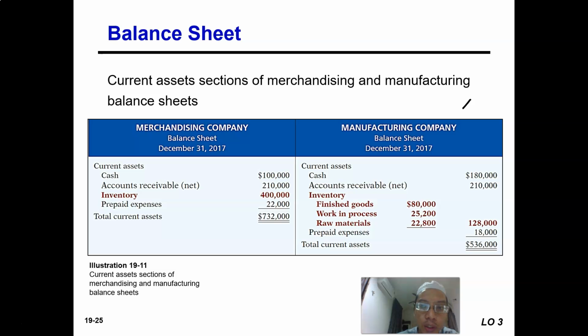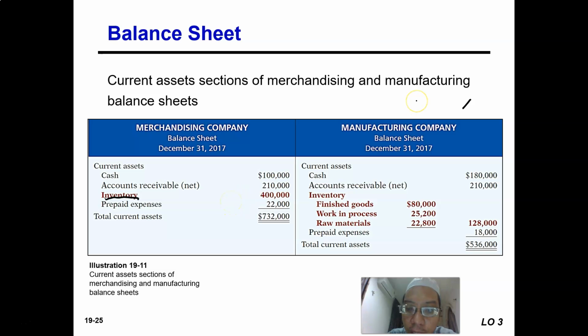We compare between the two types of companies. On the left side is the merchandising company. It only has one inventory, which is the inventory that they purchase from the supplier, but those things have not been sold throughout the period. Therefore, it becomes an ending inventory.